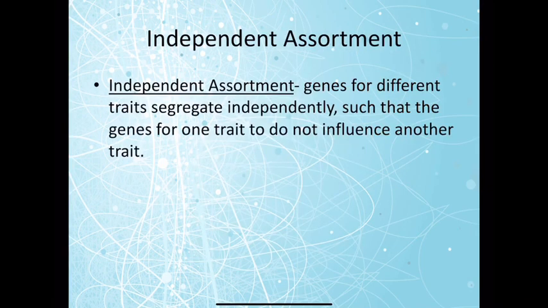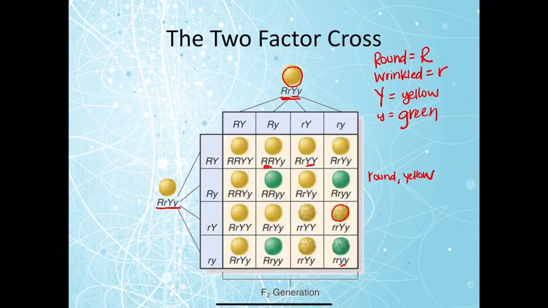You could have them, we see them here, that are round with green seeds. We see them that are yellow with wrinkled seeds. And we see them that are green with wrinkled seeds.